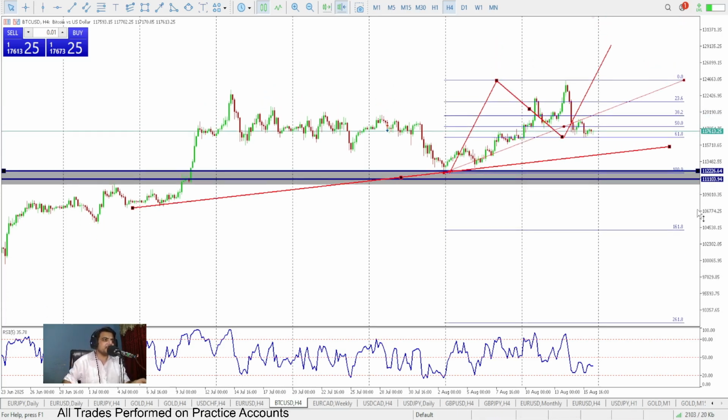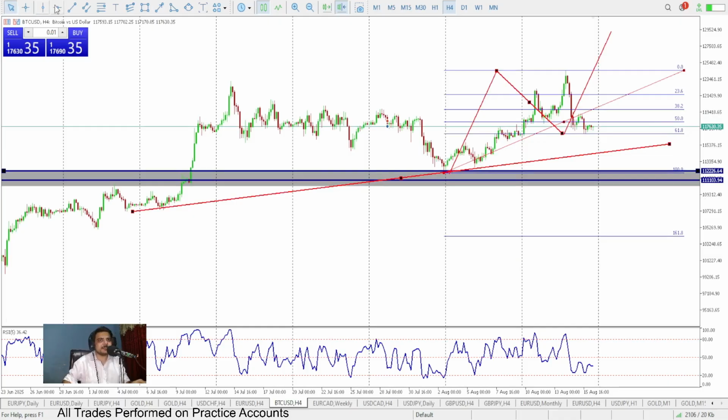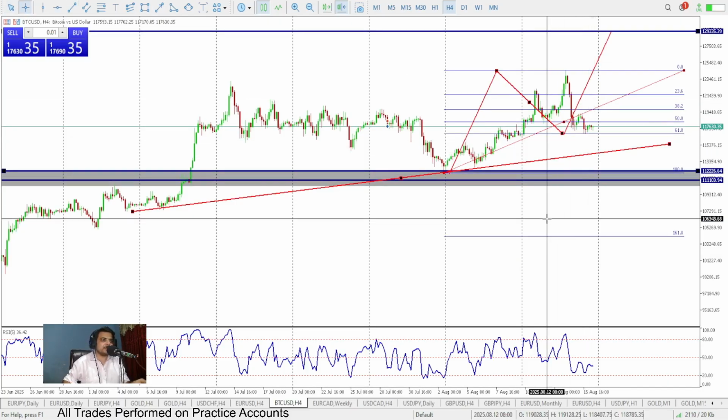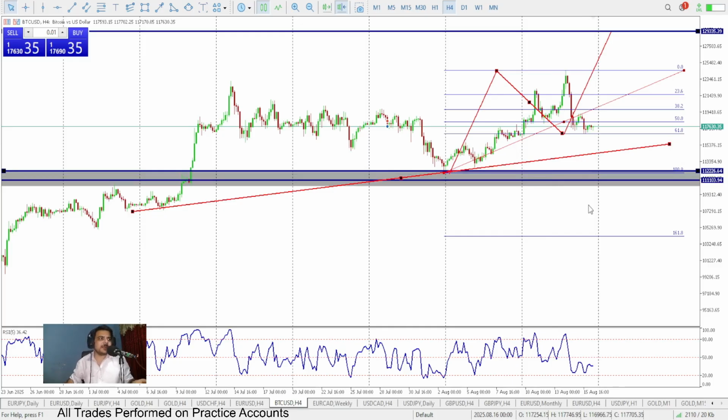But I personally don't trade it. So the market definitely is on this particular ABCD wave, and with stop losses, if you can spot a buy right here, that is also nice. But try to practice this ABCD pattern on demo accounts, and I'm sure you will be making lots and lots of profits.